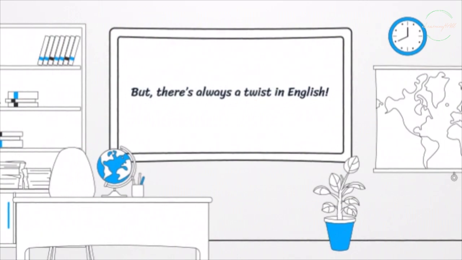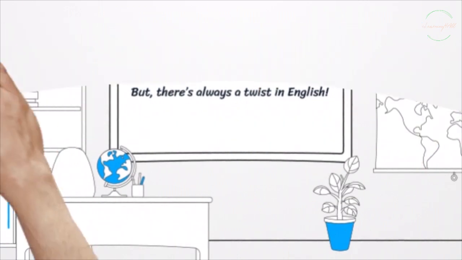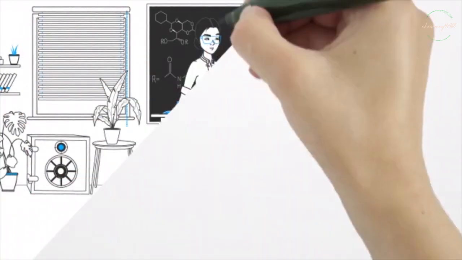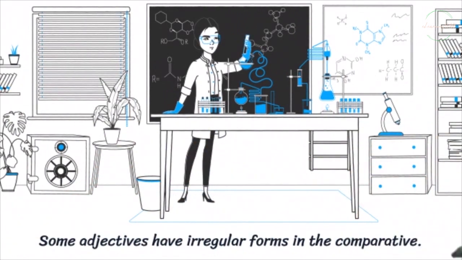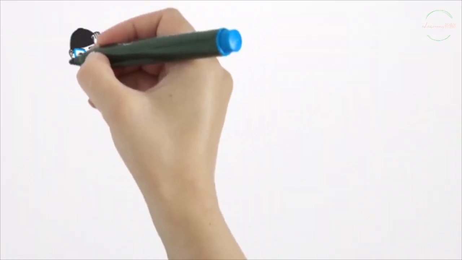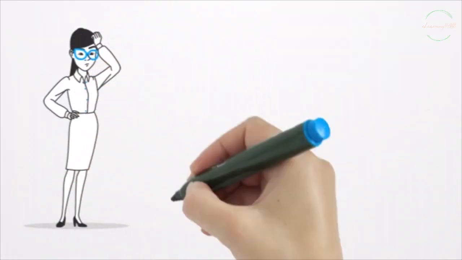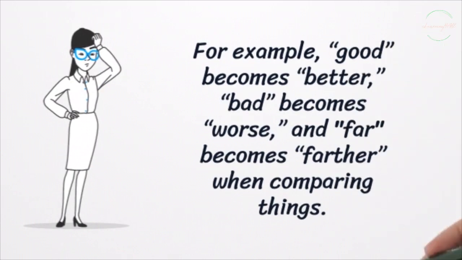But there's always a twist in English. Some adjectives have irregular forms in the comparative. For example, good becomes better, bad becomes worse, and far becomes farther when comparing things.